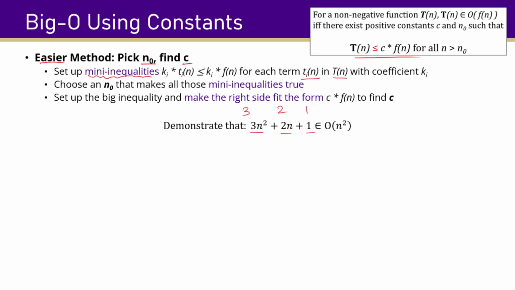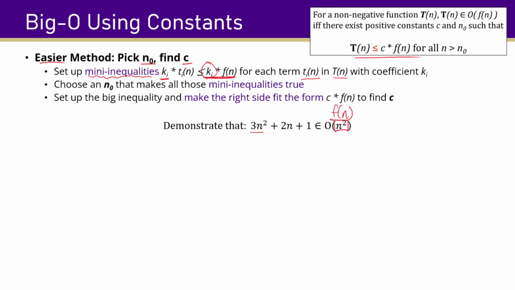What we need to do is, with each of those coefficients, we need to show that this term is going to be less than or equal to something of the form f of n with that same coefficient. All right, so let me actually show you what I mean here.